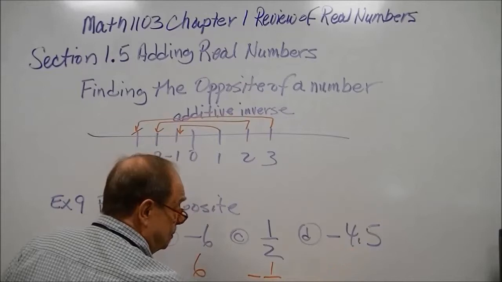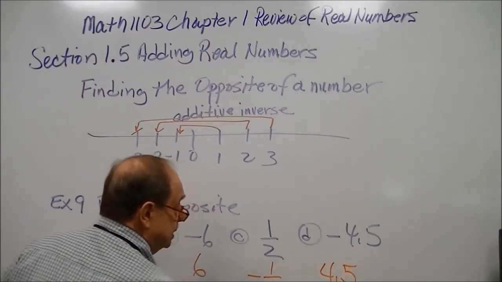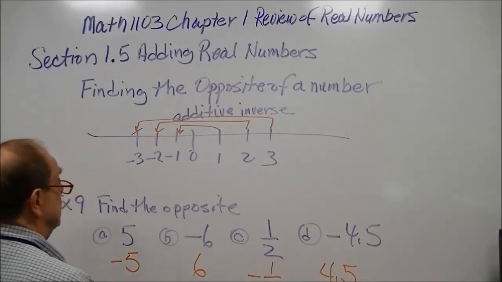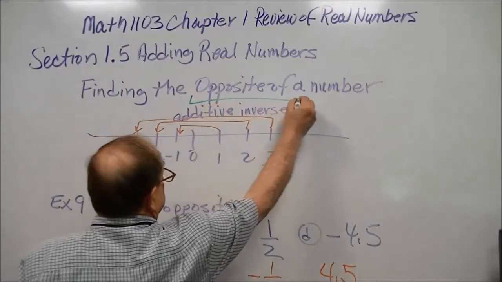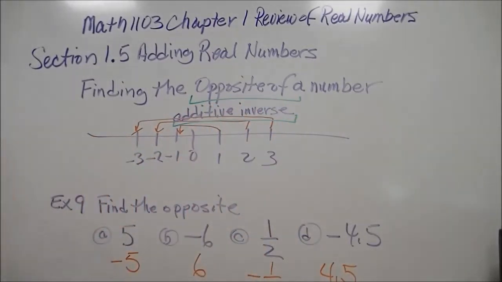And a negative 4.5 would be a positive 4.5. So it's nice to have easy things once in a while, but you need to know the definition. Some of the key words here were the opposite of a number is also its additive inverse. It's what you add to a number to make it a 0.